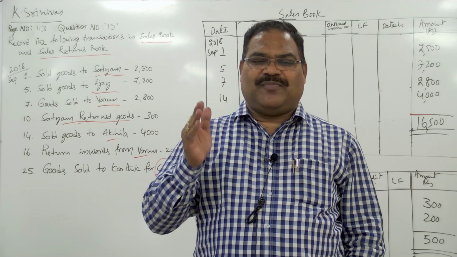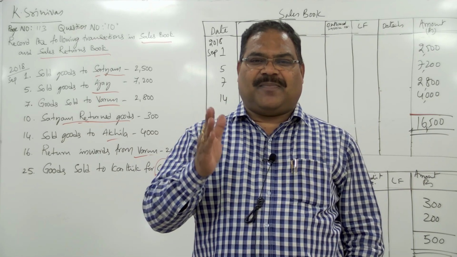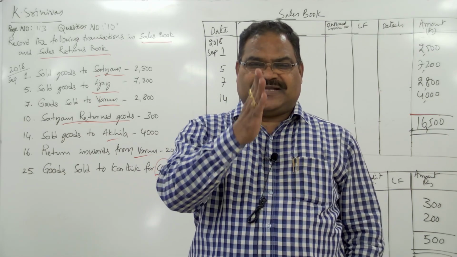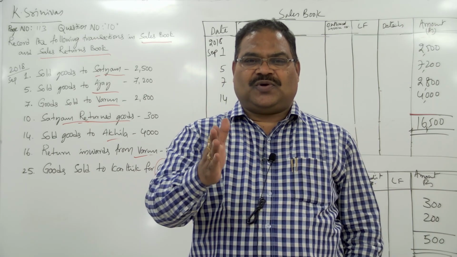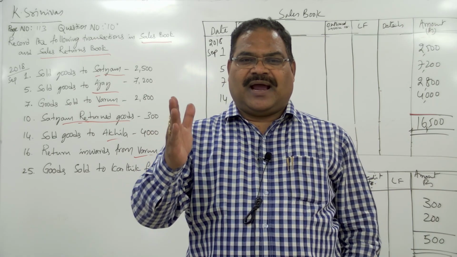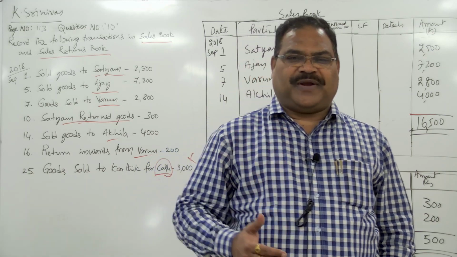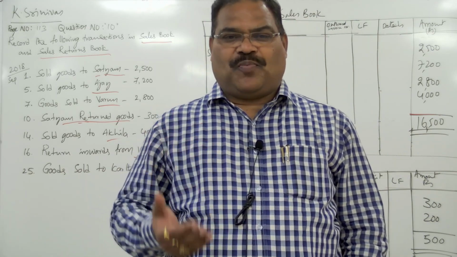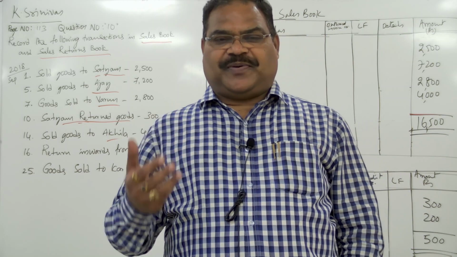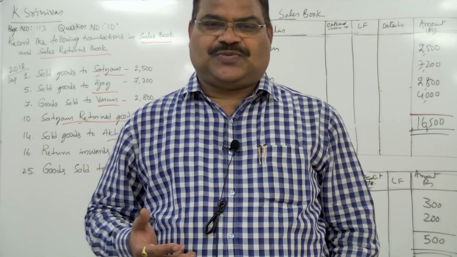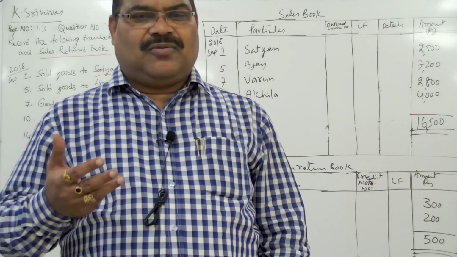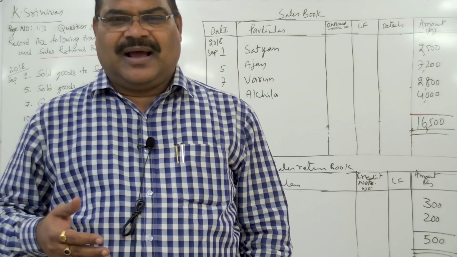So with this, I'm going to stop the explanation about the purchase book, purchase returns book, sales book, and sales returns book. After this, I will speak to you about the opening entry and the cash book, and I will do my best.